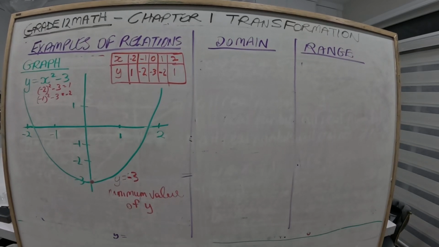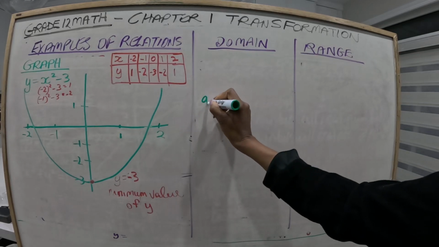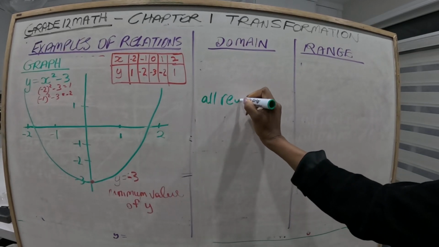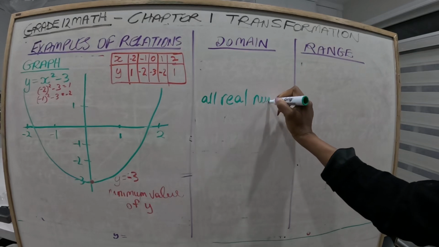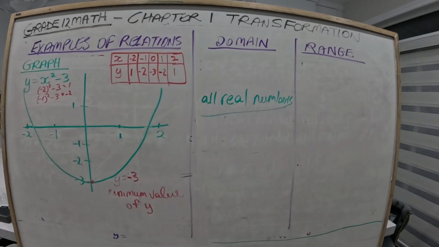Okay? Now, what is the domain of that? The domain is all real numbers. All real numbers, okay?